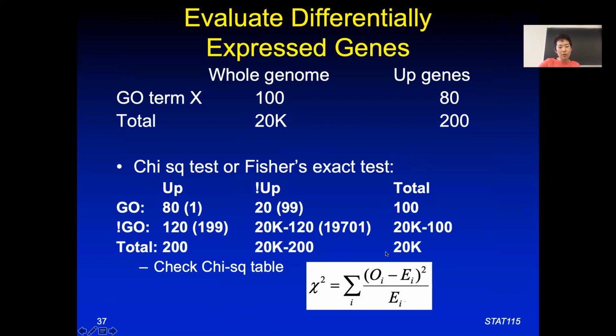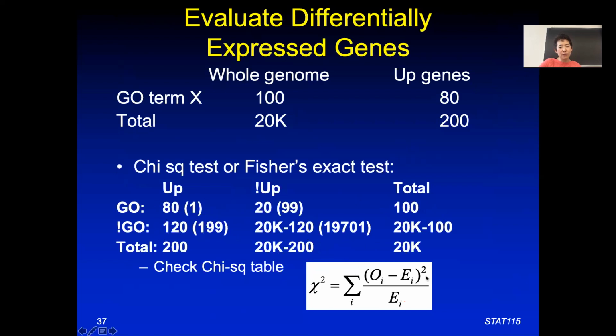And then you can use a chi-square test, or you can use Fisher's exact test. The chi-square test basically is just you observe this much and you expect this much for each of the 4 items on this table. So this 2x2 is really the middle 4 cells. Having this GO term and upregulated, having this GO term not upregulated, not having this GO term upregulated, and not having this GO term not upregulated.